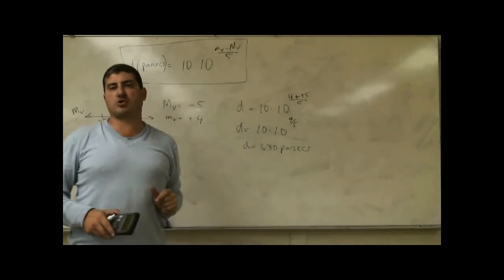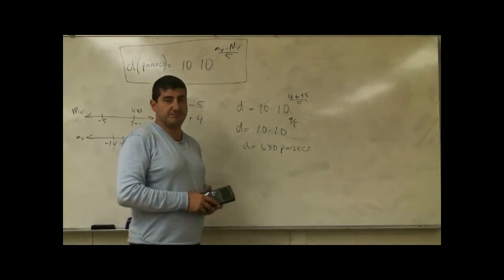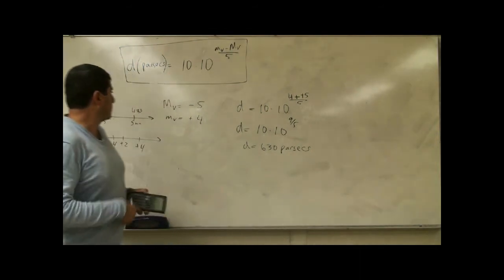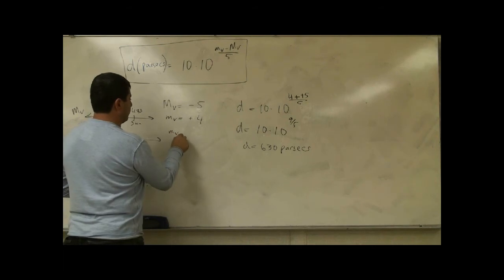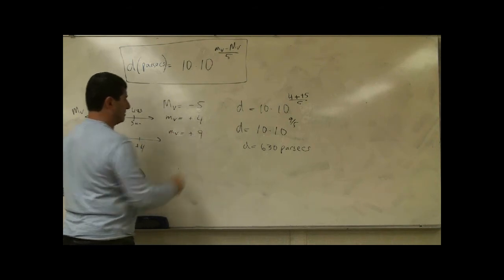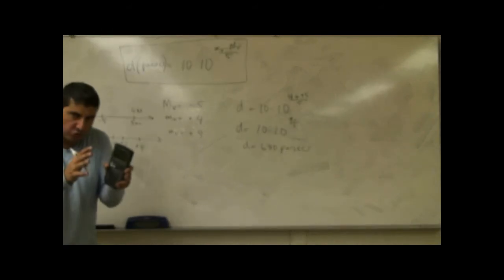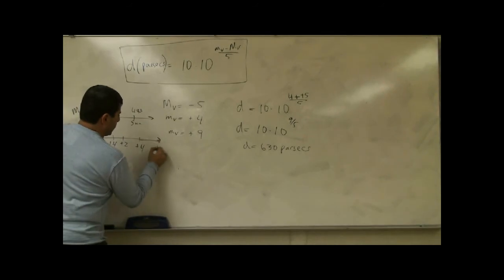From there you can convert to light years by multiplying by 3.26, and you get about 2,000 light years away, right? Let's say the absolute visual magnitude was -5 and the apparent visual magnitude +9. That means it looks dimmer. Same absolute magnitude, but it appears dimmer. So it goes over here, +9.